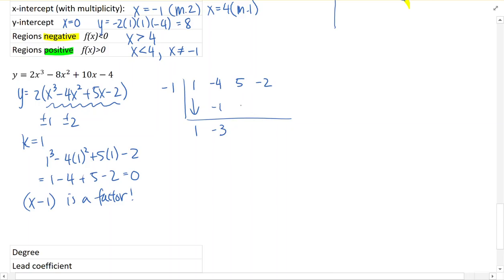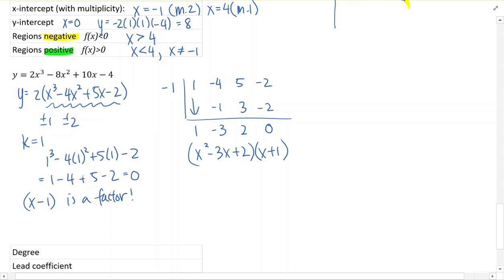Multiply, it will be 3, and 5 minus 3 is 2. Multiply, and that's -2 minus -2, which is 0. Again, since you know it's a factor, if this remainder is not 0, you have made a mistake somewhere. All right, so that means we know that we're dealing with x squared minus 3x plus 2 times x minus 1 is our function here.